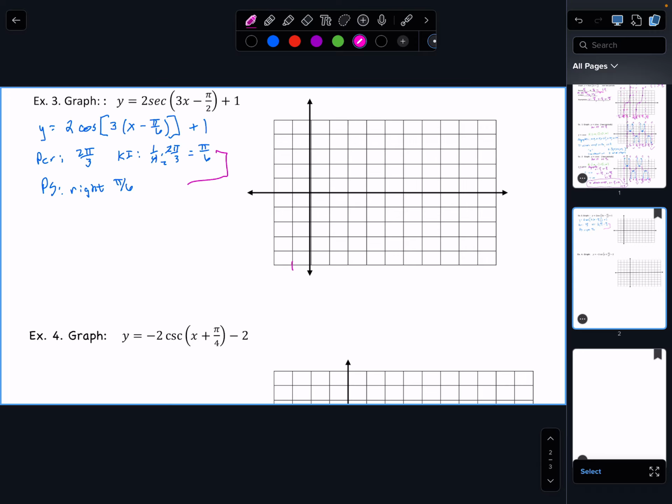And for cosine, we're going to go to the left pi 6, right pi 6, 2 pi 6, 3 pi 6. And since there is a vertical stretch by 2, cosine would start at 0, go up to 2, back to 0, down to -2, and back to 0.